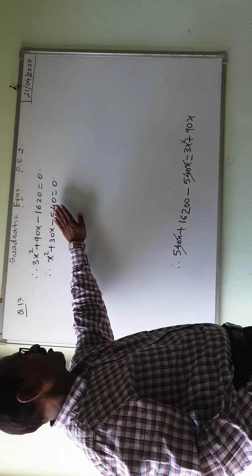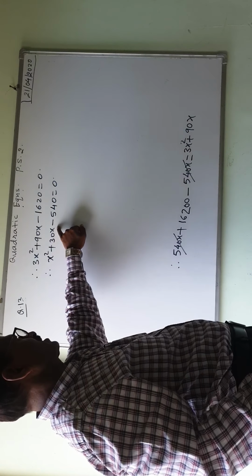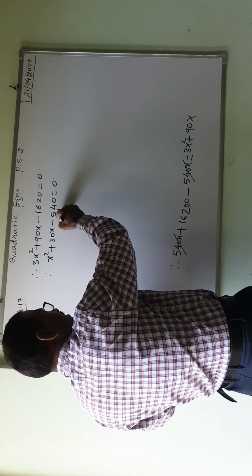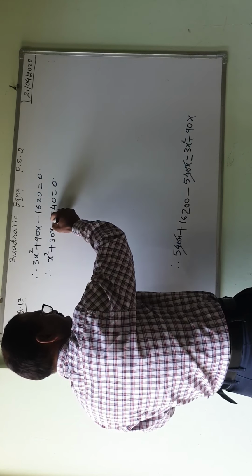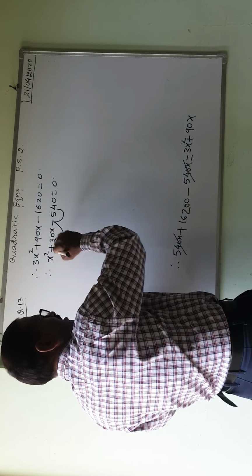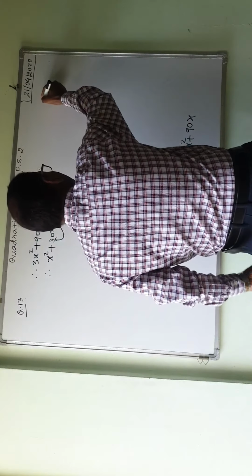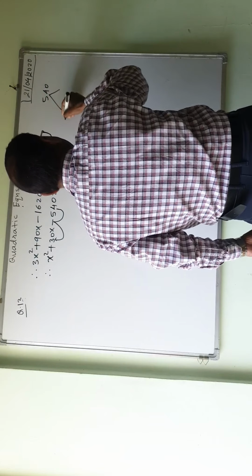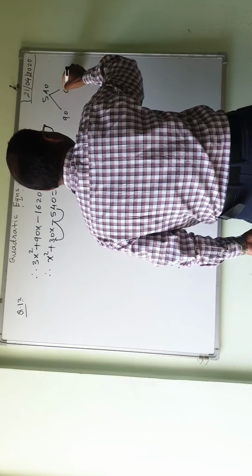Now find the factors of 540 such that their subtraction is 30. So the factors of 540 are 90 into 60.